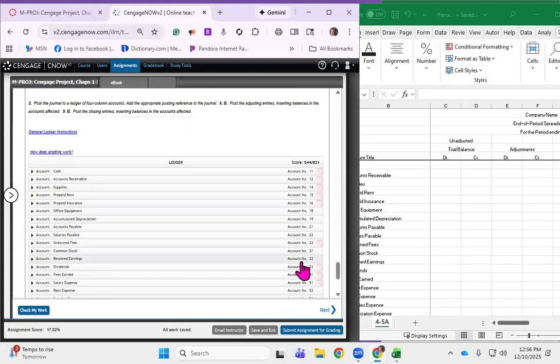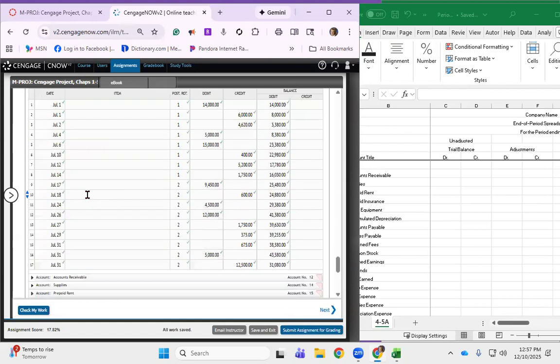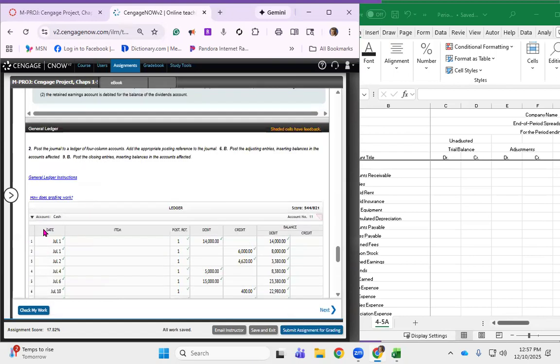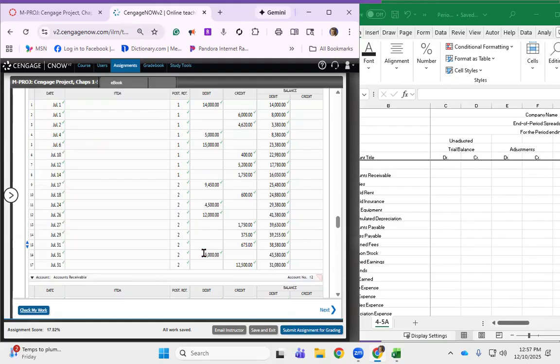We are looking for the balance in our ledgers, right? So you might as well open them all. So go ahead and click on cash. No. Check my work. Check my work will open all of your ledgers. Okay, so you don't have to go down there and make every ledger open.